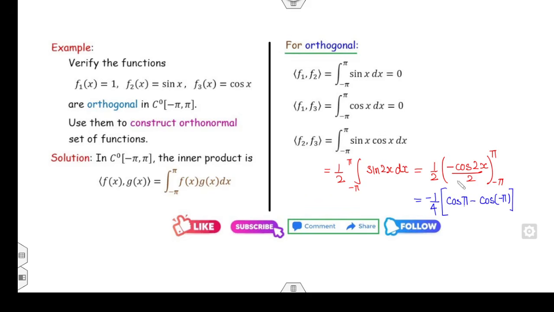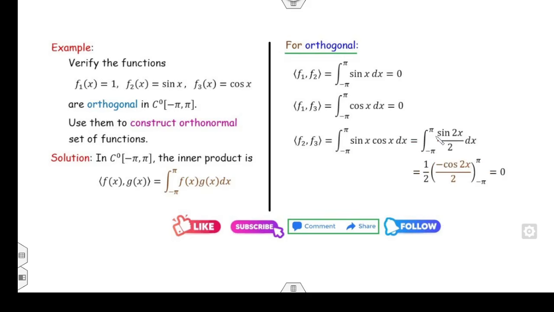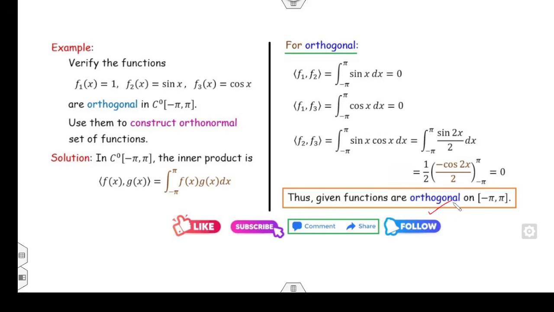Cos of pi is minus 1, and cos of minus pi is again minus 1. Fine. So it will be 0. So that again the answer is 0. Therefore, all these inner products, or dot products, are 0. Hence, the given functions are orthogonal functions.